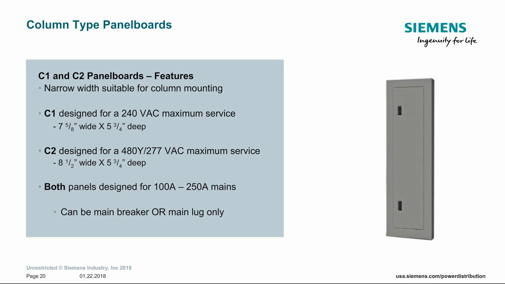Our C2 panel board is designed for a 480 volt phase-to-phase or 277 to neutral AC maximum service with a slightly larger width of 8.5 inches by 5 3/4 inches in depth. Both of these panels are designed for 100 amps to 250 amps in their mains and can be main breaker or main lug only.